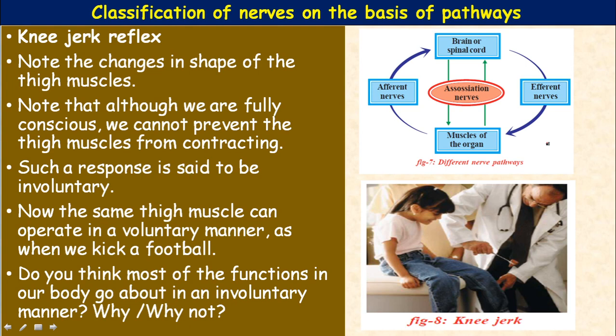Involuntary muscles are present in the heart, so it continues from birth to death. In a similar manner, some involuntary muscles are also present in the lungs, for respiration. It is also a continuous process. It is important to note that some involuntary actions take place continuously from birth to death. That is the design of our biological system.